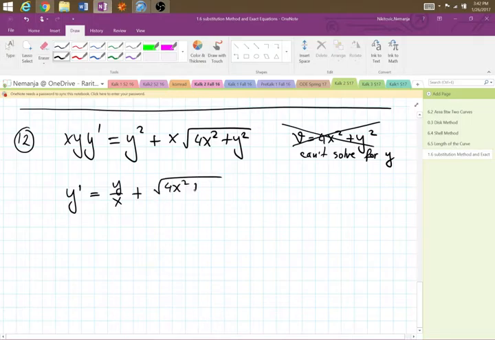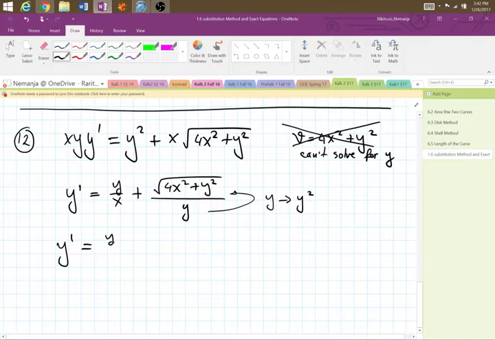Divided by y squared. Sorry, divided by y only, not y squared. And if this y undergoes the square root, y becomes y squared, right? So look how beautifully this equation transferred into something that is nice.